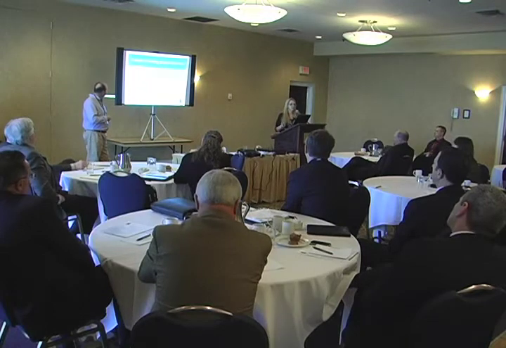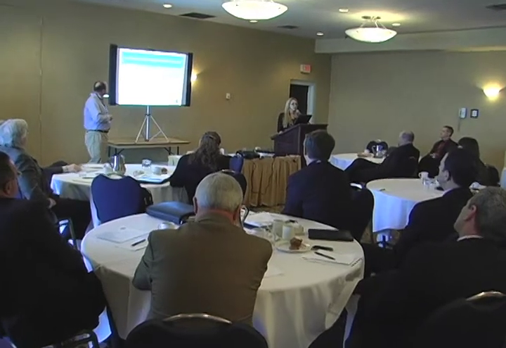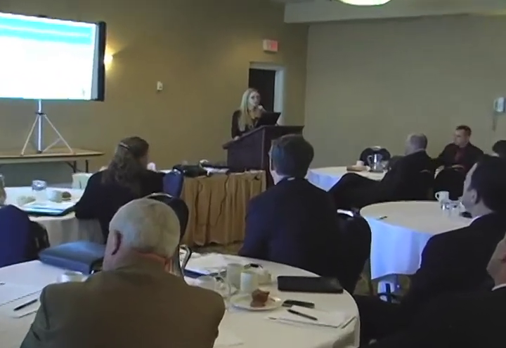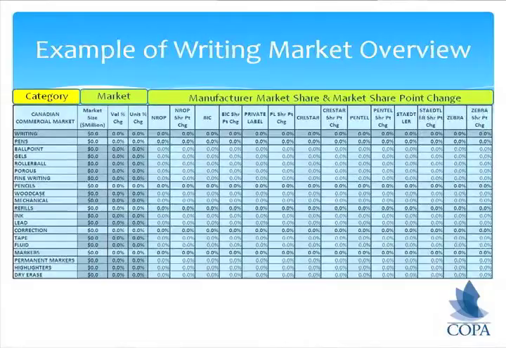Then across the top you'd have the manufacturer market share and market share point change, and you'd be able to see by either manufacturer or brand, depending on your business, the share within the total category and within each subcategory. This is just one example of one spreadsheet that we use quite often.